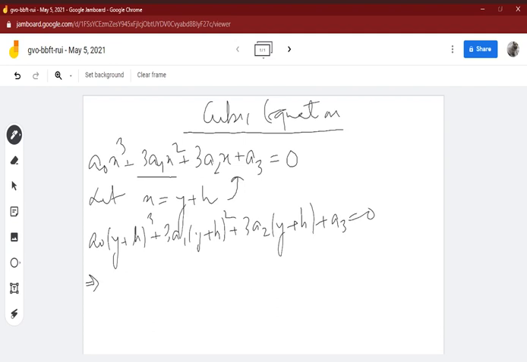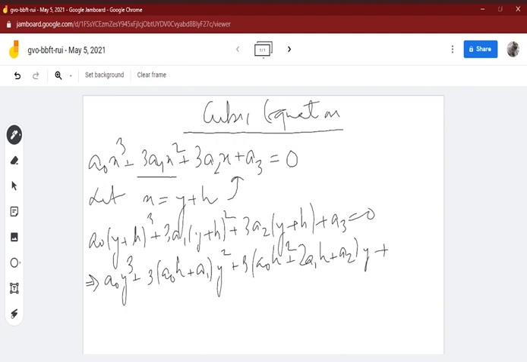So this implies a0 y cube plus 3 (a0 h plus a1) y square plus 3 (a0 h square plus 2a1 h plus a2) y plus (a0 h cube plus 3a1 h square plus 3a2 h plus a3) equals 0.